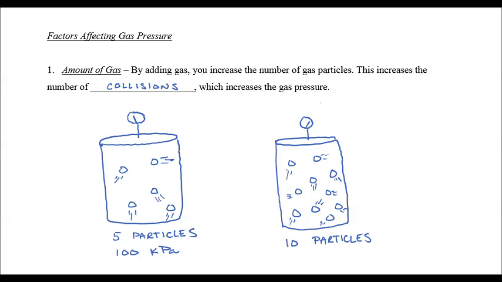In fact, when we double the number of particles, we will double the pressure. So there's a nice relationship between the amount of gas and the pressure. If you double the number of particles, you will double the pressure. So what if you triple the number of particles? Well, you will triple the pressure.